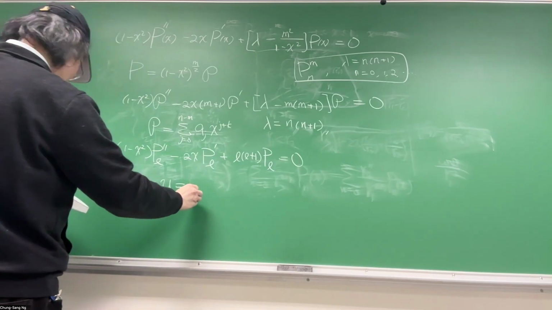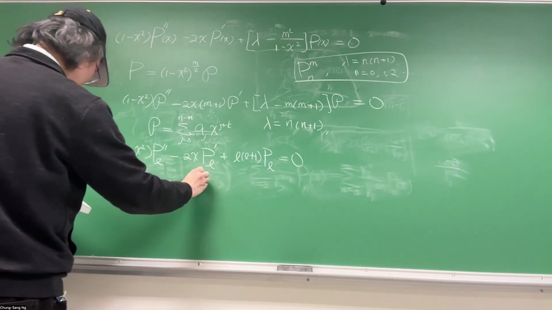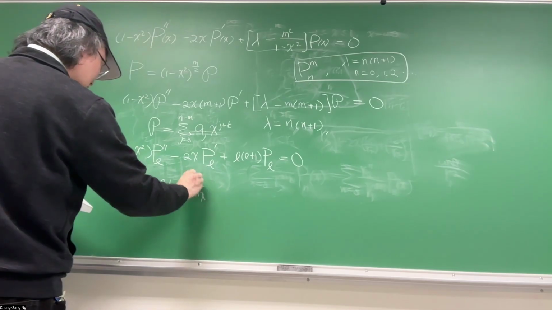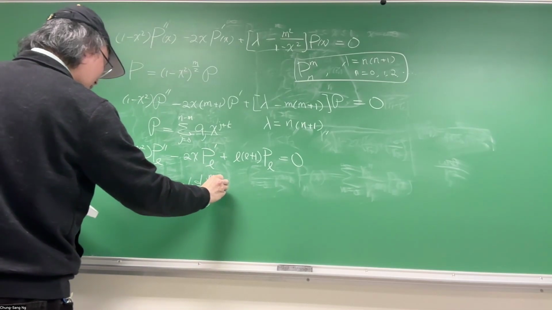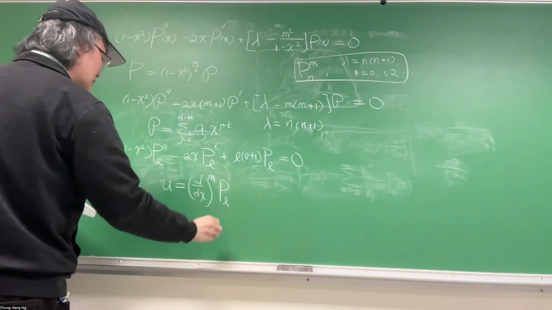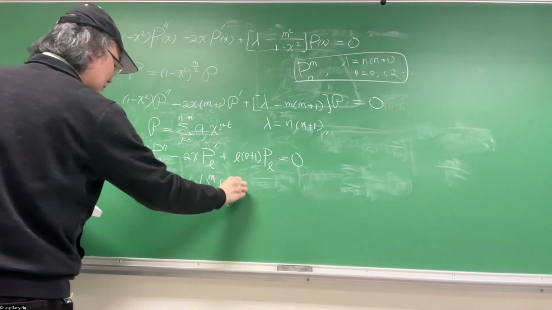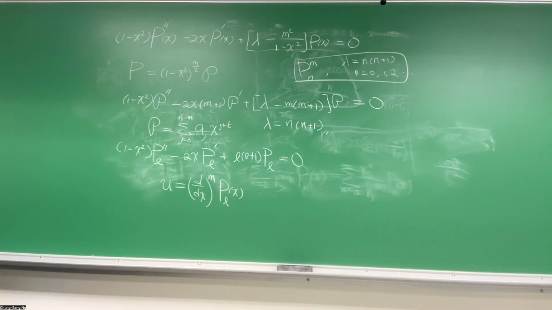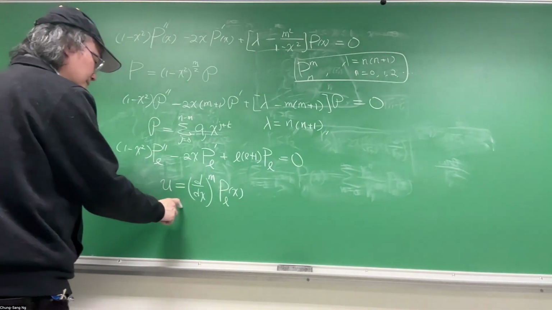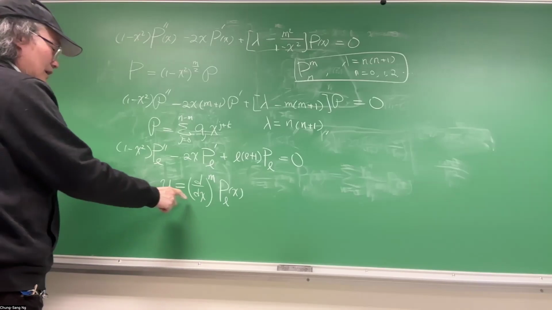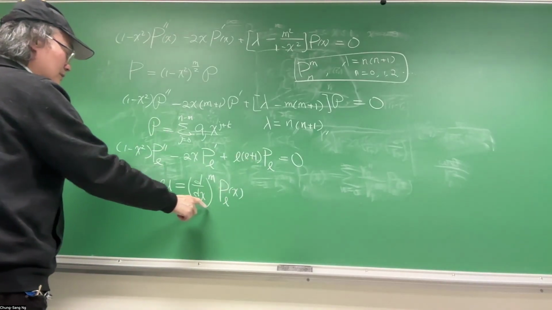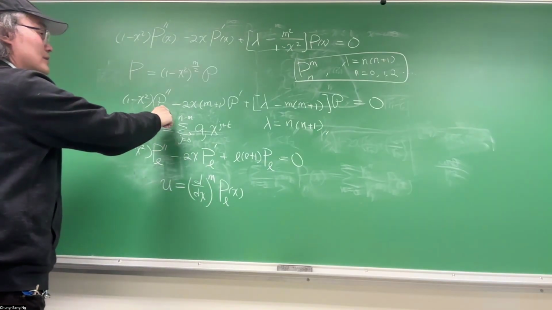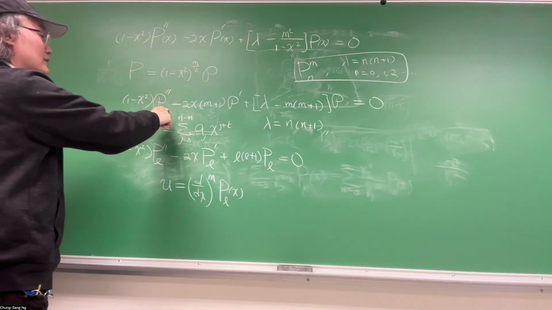So it's d to the m over dx to the m of this P_L. P_L is a function of x. Now this object, after you take the m-th derivative of this Legendre polynomial, will satisfy this associated Legendre equation.